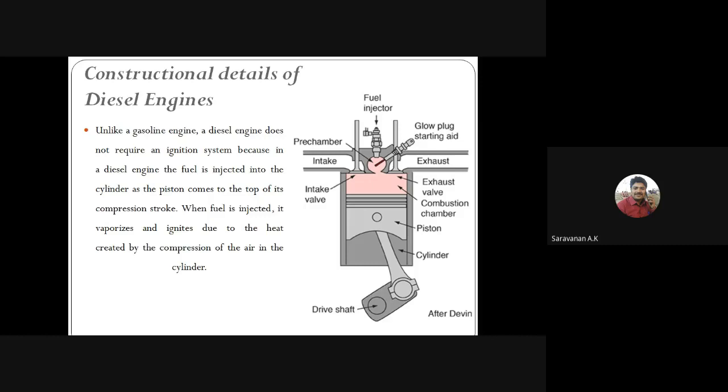The engine speed is indirectly controlled by the butterfly valves, the throttling valves of the carburetor. Indirectly it is controlled, right?